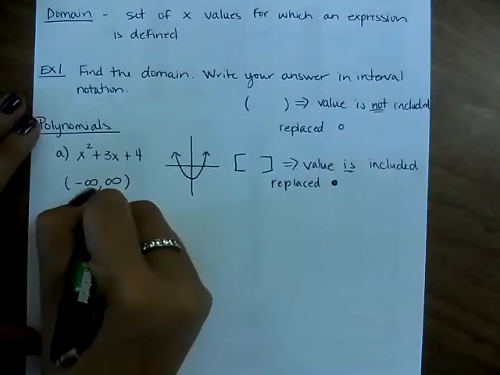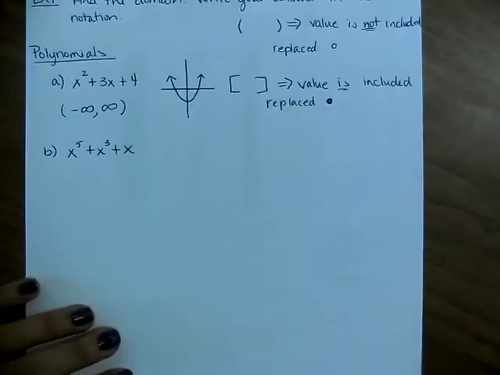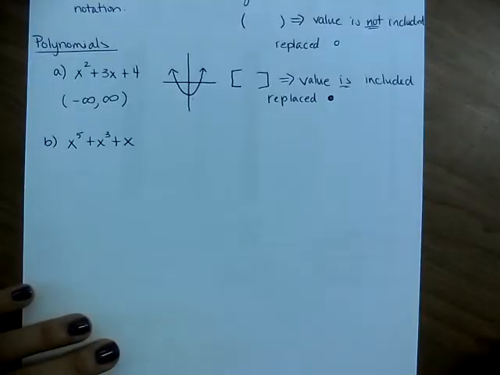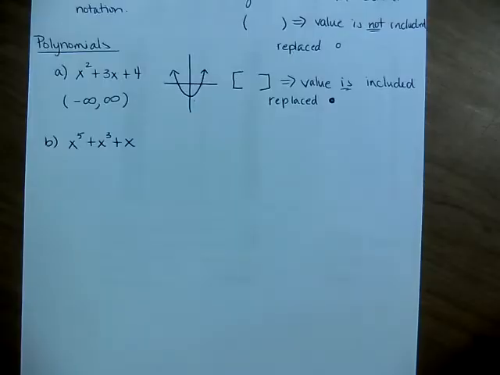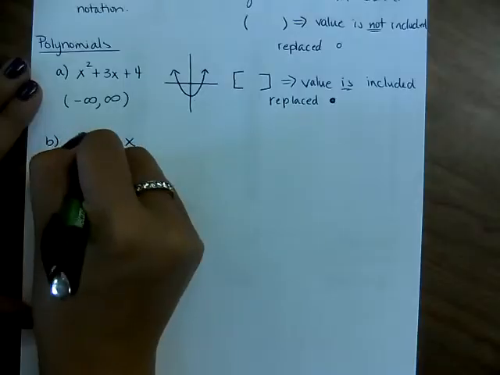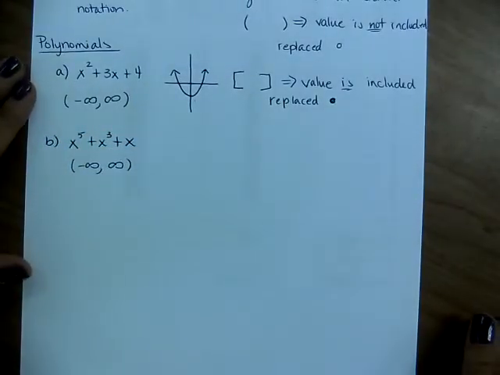If you have x to the 5th plus x cubed plus x. Okay, so again, you want to think about, can I plug in negative numbers, positive numbers, 0? Is there anything that's going to make this undefined? No, there's not, right? Any polynomial that you're given, no matter what, will always have a domain from negative infinity to infinity.